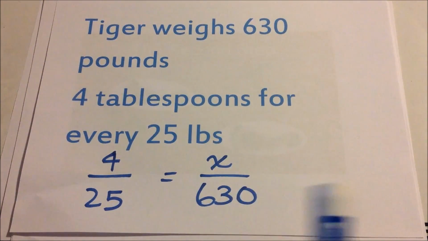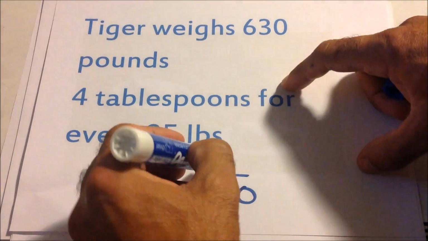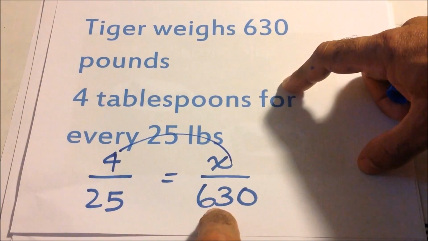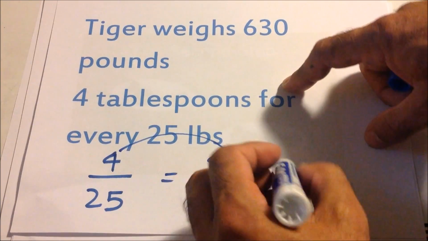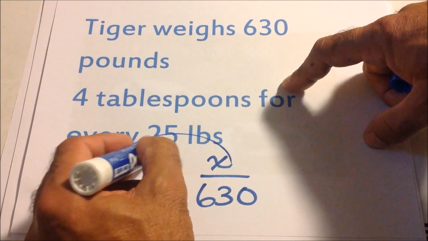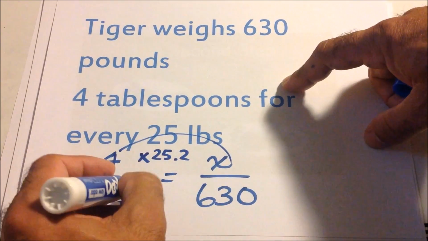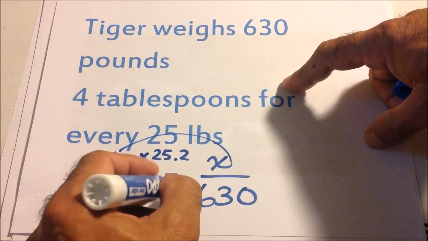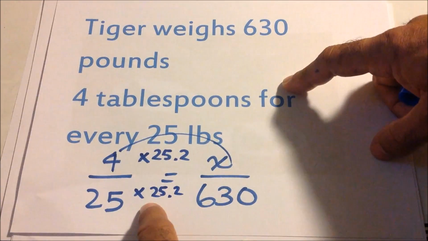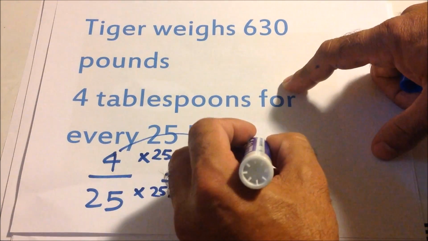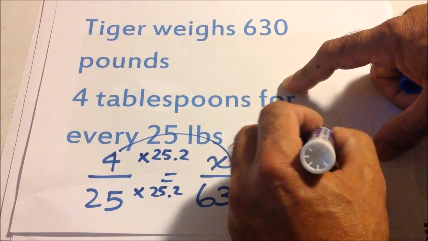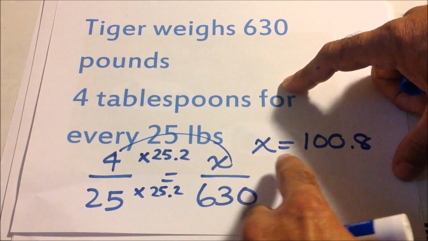So if you divide that, remember you divide going this way, you can see 630 divided by 25 is 25.2. Then we can times going the other way. 4 times 25.2, 25 times 25.2, do the same for the top and the bottom. So we'll know that x now would equal 100.8 tablespoons.